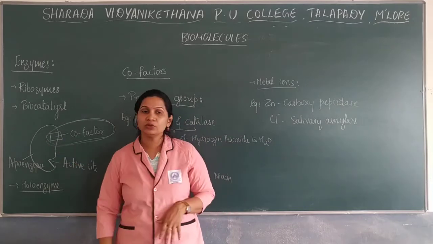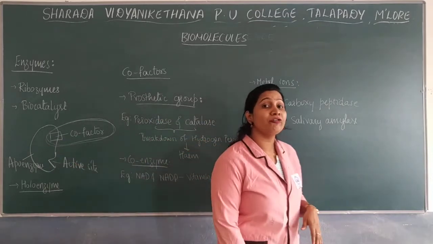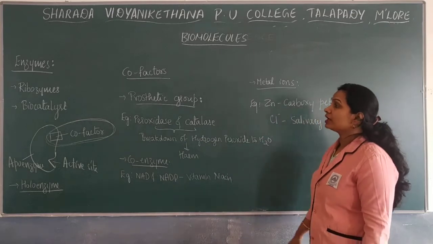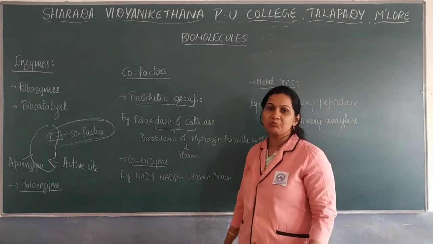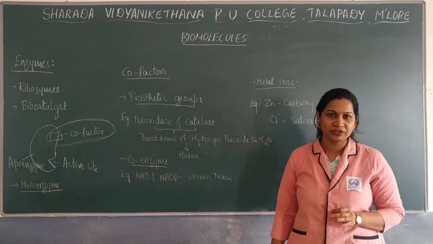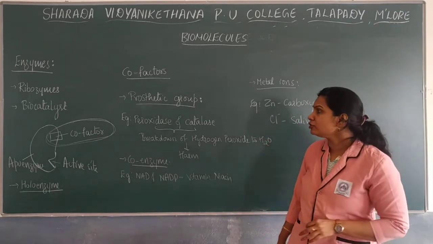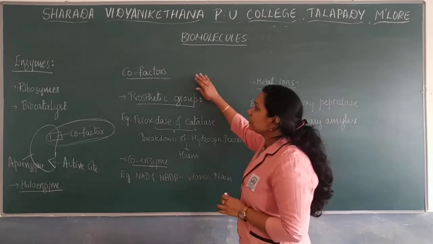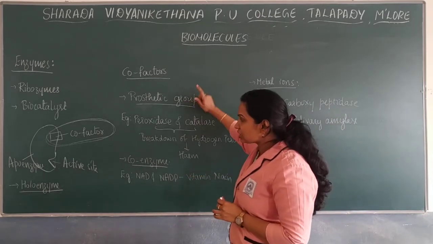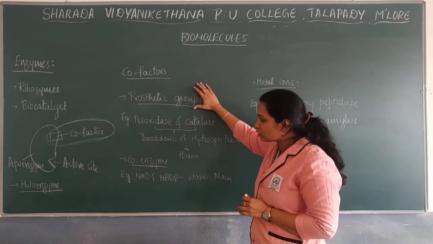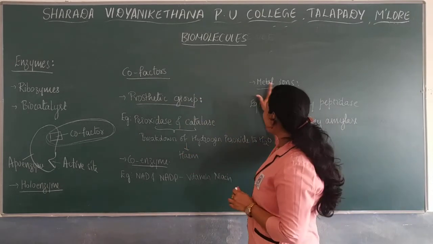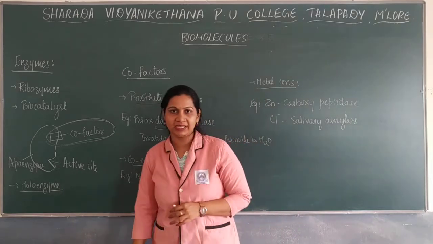Now we will look into what these cofactors are. Cofactors are nothing but the non-protein part of the enzyme. They mainly consist of three types: prosthetic group, coenzyme, and metal ion activators.